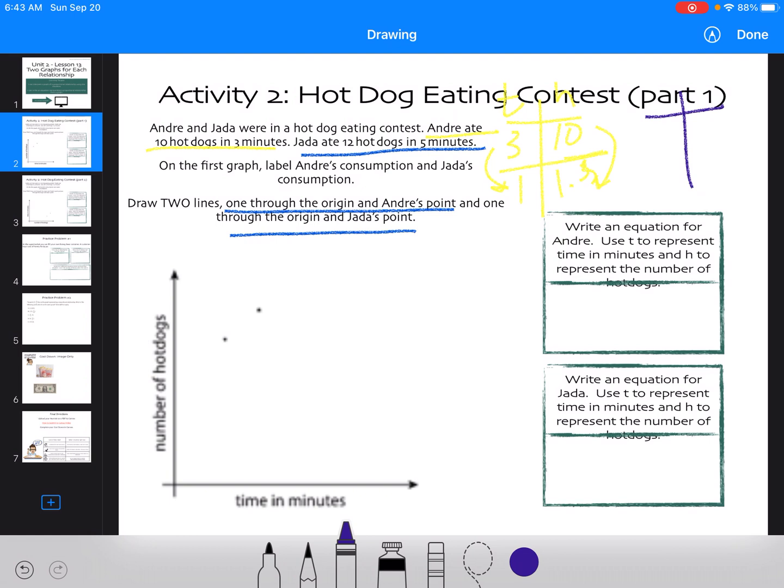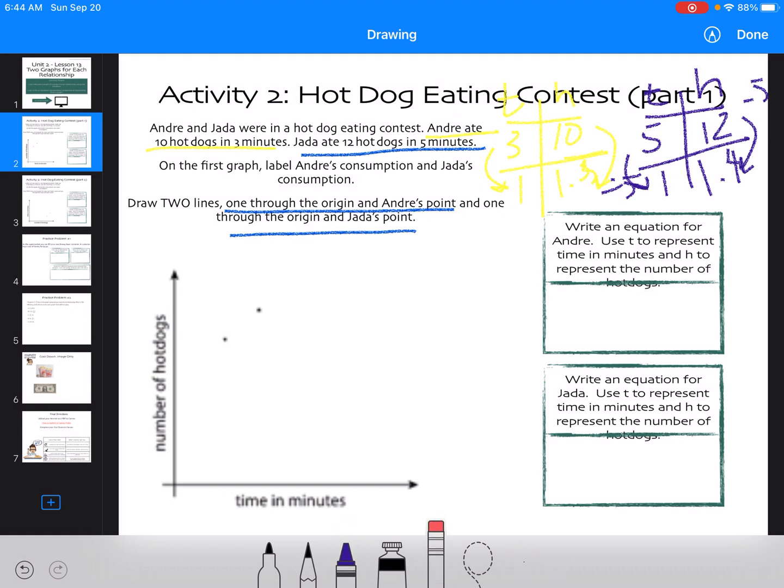And I'm going to do Jada. So time, again, is the x-axis, and the number of hot dogs is the y. So the time was 5 minutes, 12 hot dogs. So I'm dividing by 5. So she can eat 1.4.